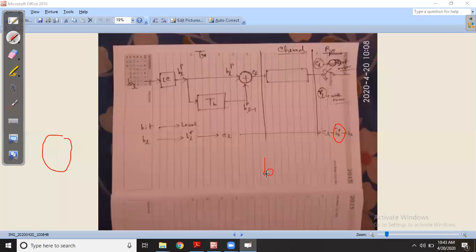BLP cap denotes the estimation of this. Why estimation? Because it may not be the exact one. That is why it is an estimation, and that estimation is denoted by cap.